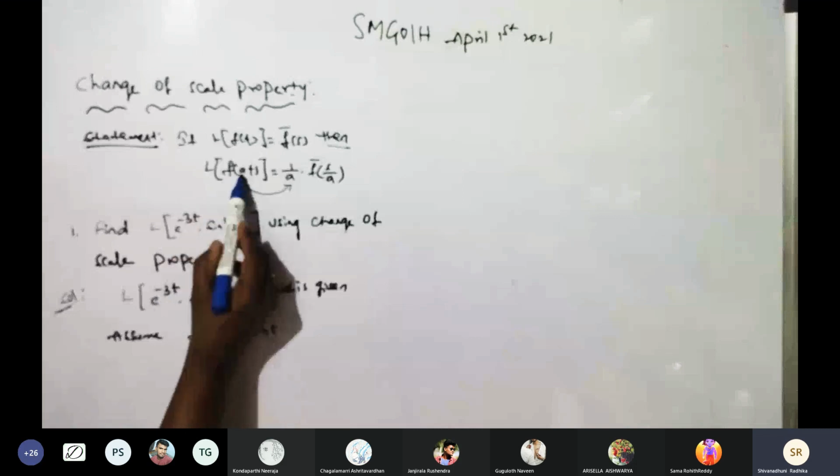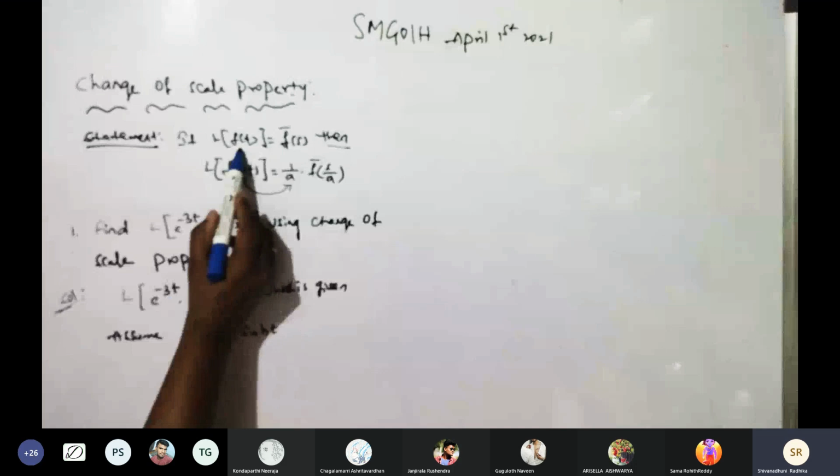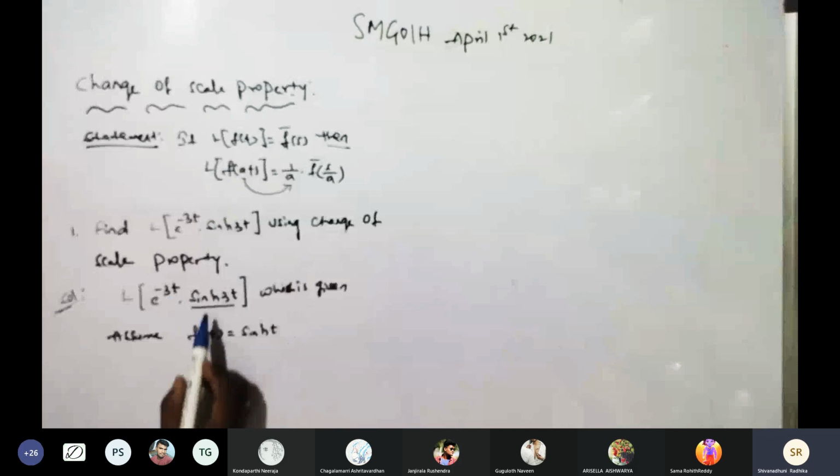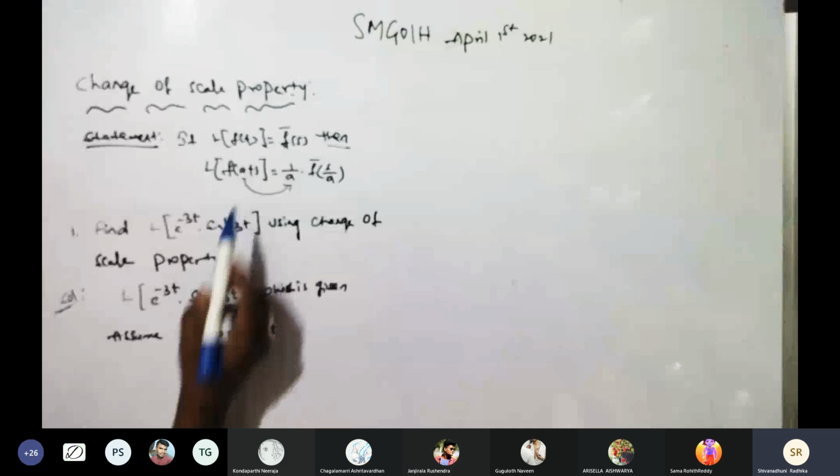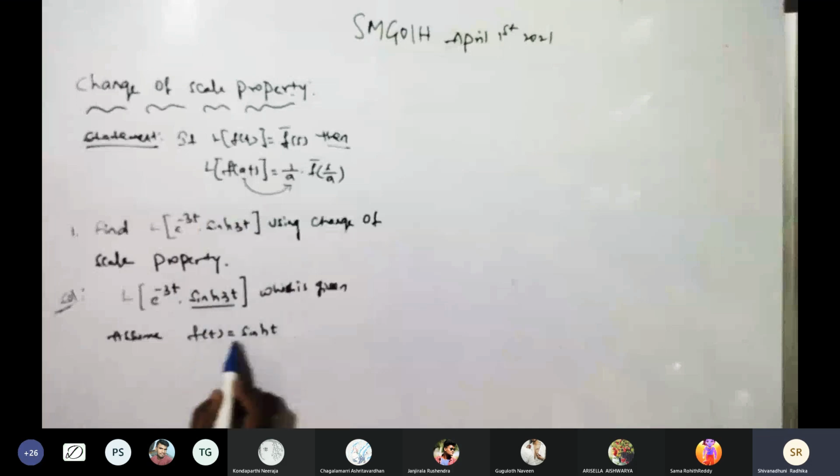So this is f of at. When we remove a, what do we get here? F of t. Similarly, sin h3t is f of 3t here. So what is f of t here? Sin ht. I am going to assume sin ht is f of t. Immediately you can apply the Laplace transformation.